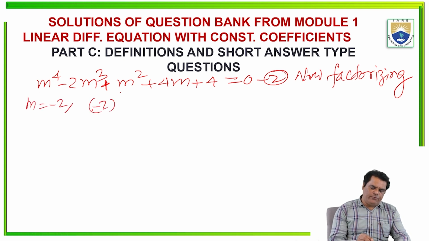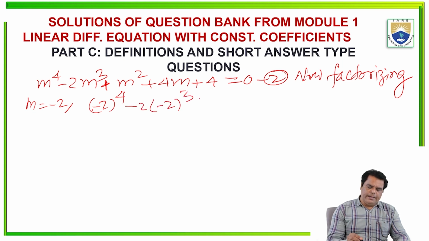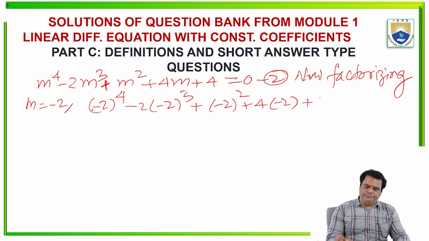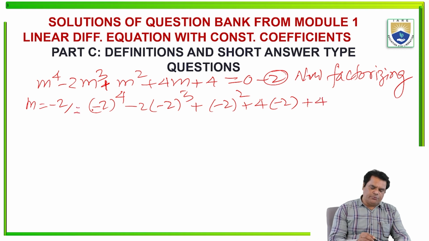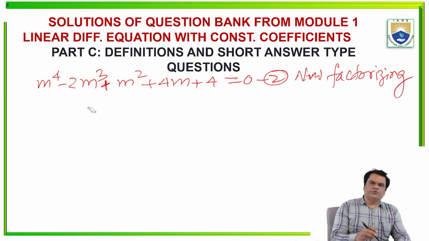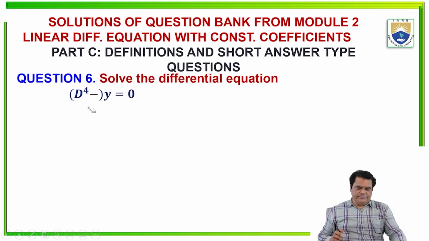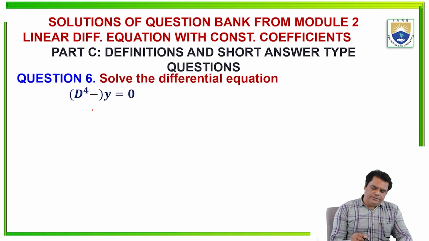So minus 2 to the 4, and minus 2 into minus 2 cubed, and plus minus 2 squared, and plus 4 into minus 2, and plus 4. So now this is equal to 16, plus 16, minus minus plus 16. So in this question there is some mistake. Now I am solving the next question.